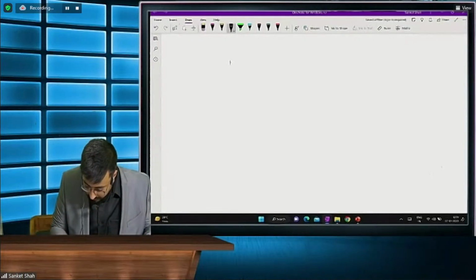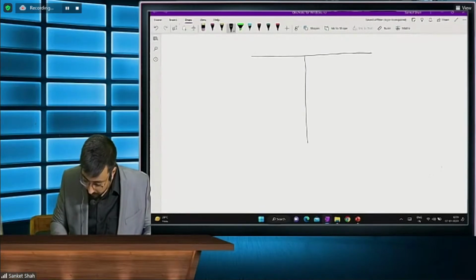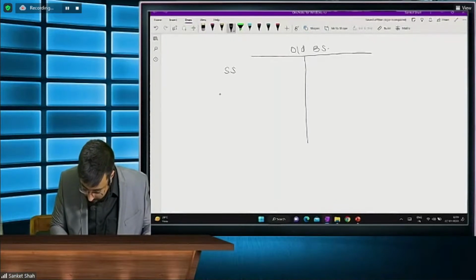Now, assume old balance sheet. SS, Mona.